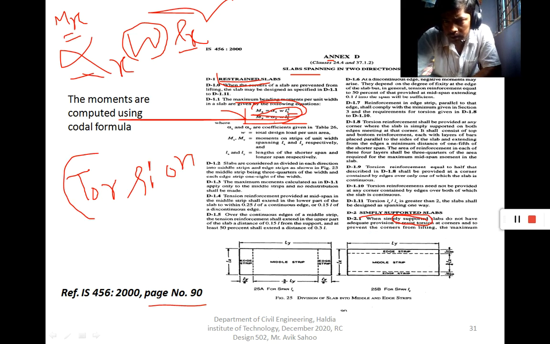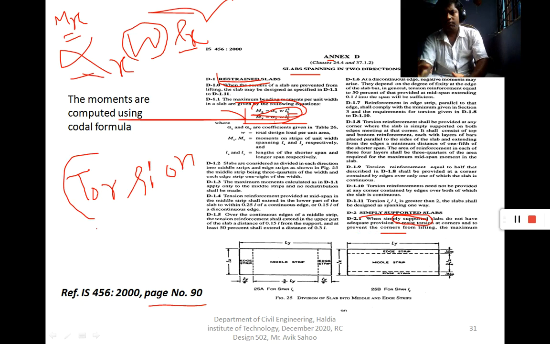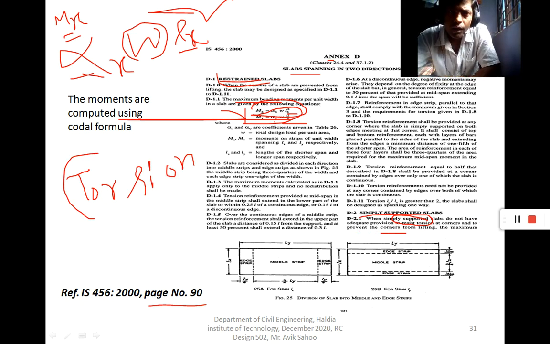Due to this, it will not prevent the lifting of corners. The corners are not prevented from lifting, although the torsion is acting. So in restrained slab, the torsional reinforcement is used, whereas in simply supported slab, torsional reinforcement is not used.